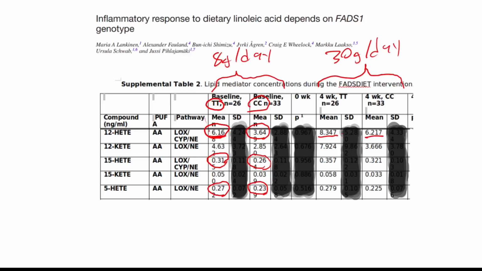And so in all cases, if you have the TT genetics, you have more of these oxidized linoleic acid metabolites, but also in all cases, the more linoleic acid you eat, you have more linoleic acid metabolites. And so this is a really nice study that shows the interaction between genetics and diet in the real world.